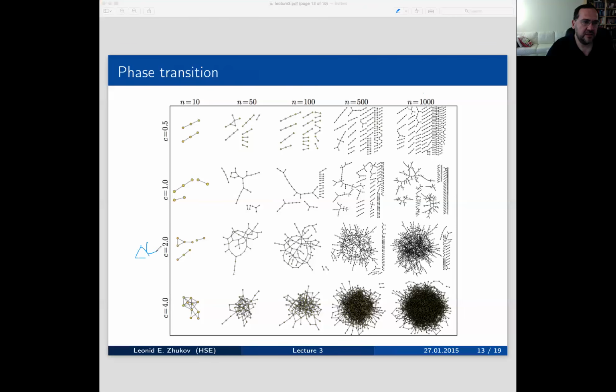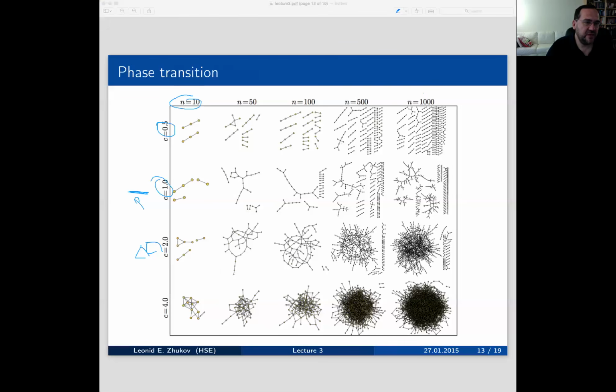This is average k of 0.5, this is 1, which is the critical value, this is where on average every node has two neighbors, and this is 4 neighbors. And on the x-axis is just the size of the graph.